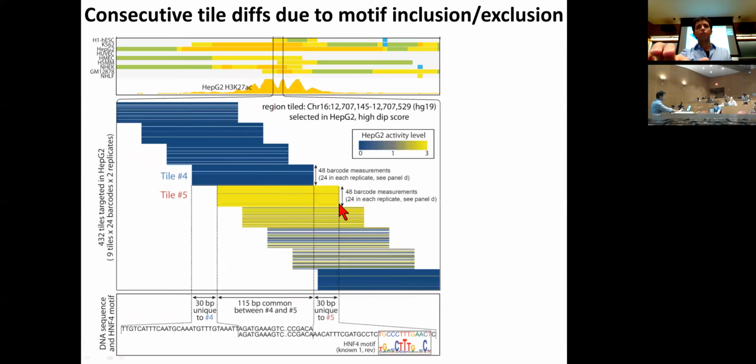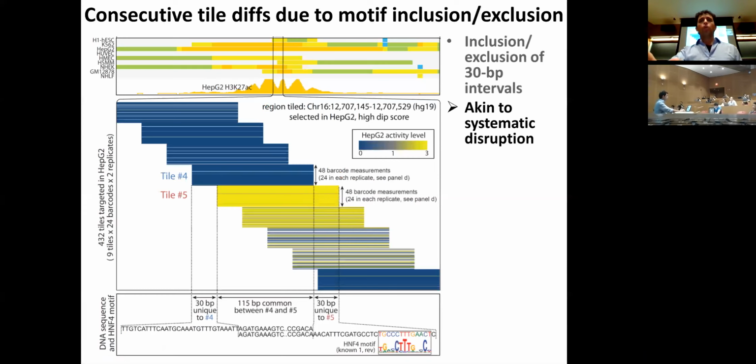And when I ask what is the difference between them, there's a 30 base pair segment which is unique to the regions that work the best, and that segment indeed contains the motif for the HNF4 transcription factor that is active in that cell type. So that means that by tiling regions and offsetting them, I can figure out, perhaps in high resolution, where the motifs are. Who's with me on this concept?